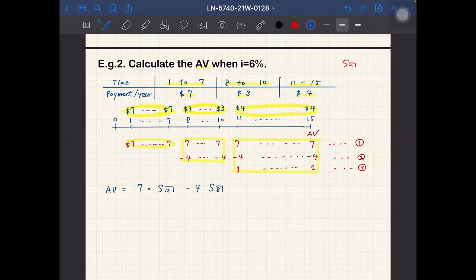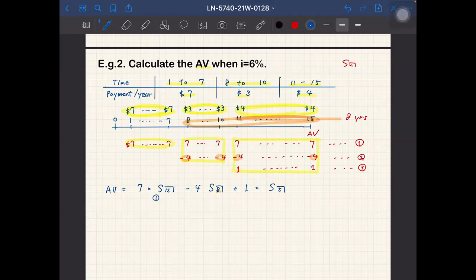Because we think about the negative 4 at time 8 to time 15, so we have 8 years here. So that's why we have 8 here. Then finally, plus 1 times s angle 5. Why 5? Because we have 5 payments, 11 to 15, so 5 years, so 5 payments, so s angle 5.